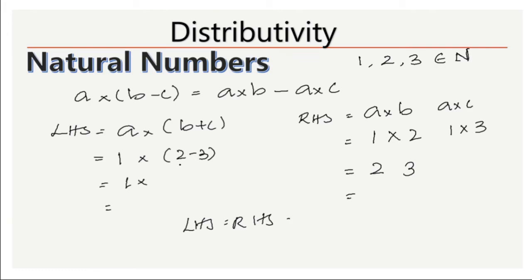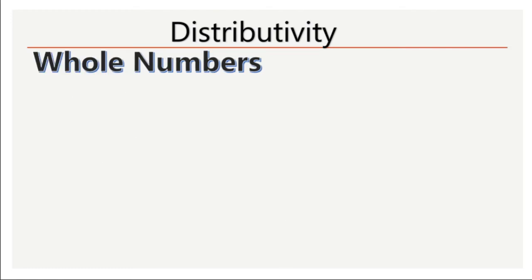So it is 2 minus 3, which is negative 1. The product becomes minus 1. So the distributive property of natural numbers has been verified in both addition and subtraction. The same example holds true for whole numbers also.